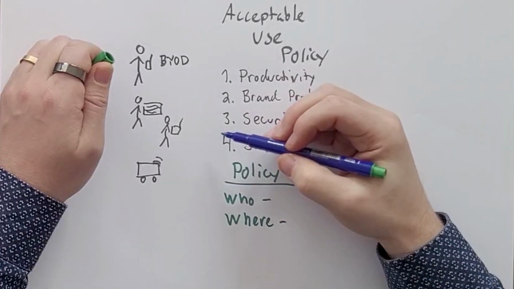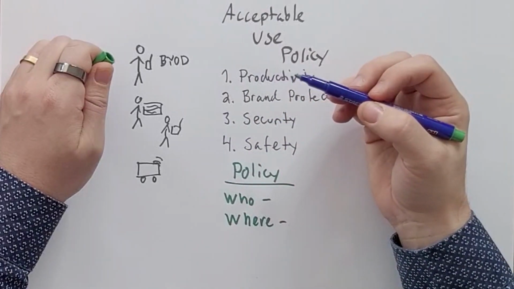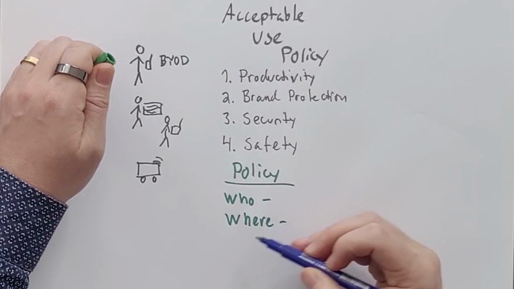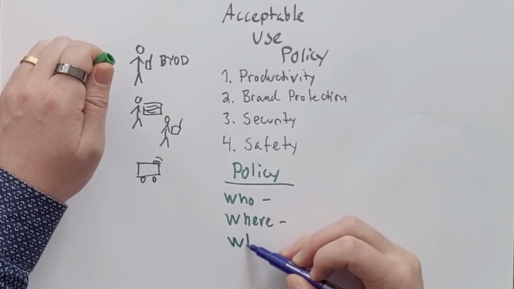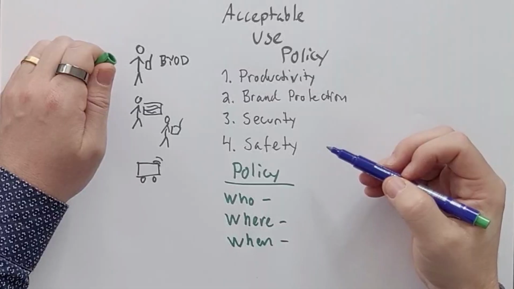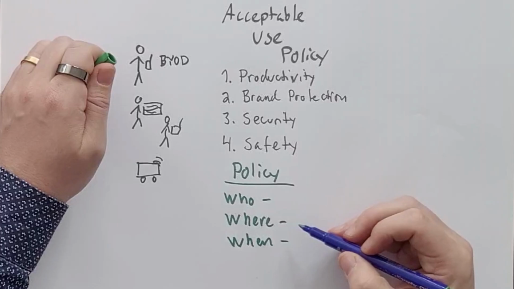You may actually want to have a different policy for someone like a security guard sitting at the security booth compared to when he's walking there or when he is at a break. So the location may actually play into the policy. And of course the time. During the lunch break, you may have different rules, especially as it relates to productivity, than during full business hours.